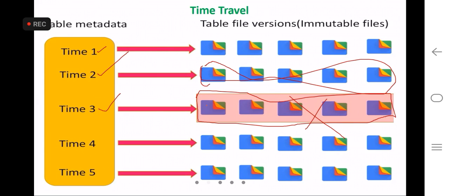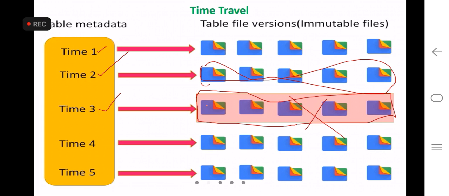So time travel is basically, if you have performed any wrong operations on a table and you want to pull the older version of the data, then we can use time travel in Snowflake. Okay, so it is purely dependent on what retention period is set for the table.